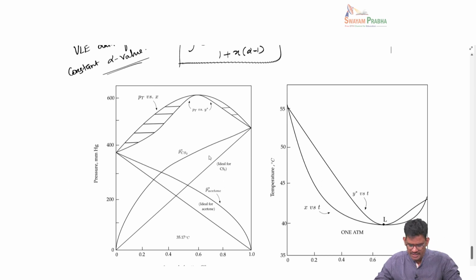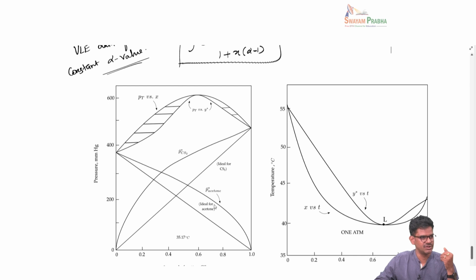Because if I look at the partial pressure for CS2, carbon disulfide, the straight line that you see here is predicted from Raoult's law, which I showed before. It's proportional to the mole fraction, constant line, proportional to the vapor pressure. But actually if you measure, you will see that the equilibrium partial pressure is well above the Raoult's law prediction. So clearly it is a non-ideal solution.